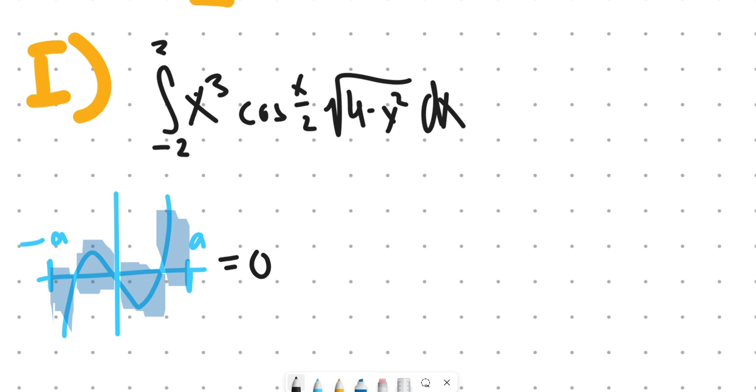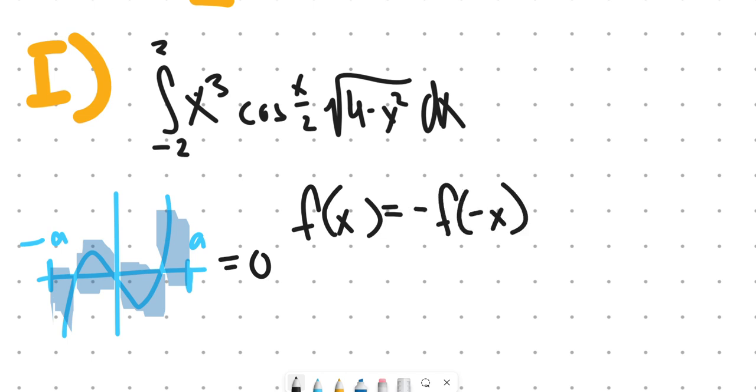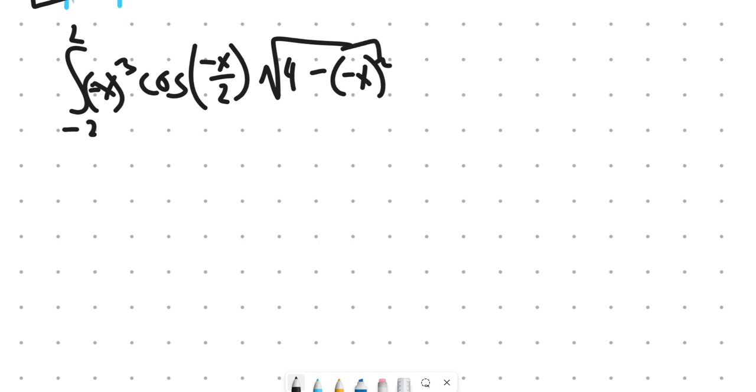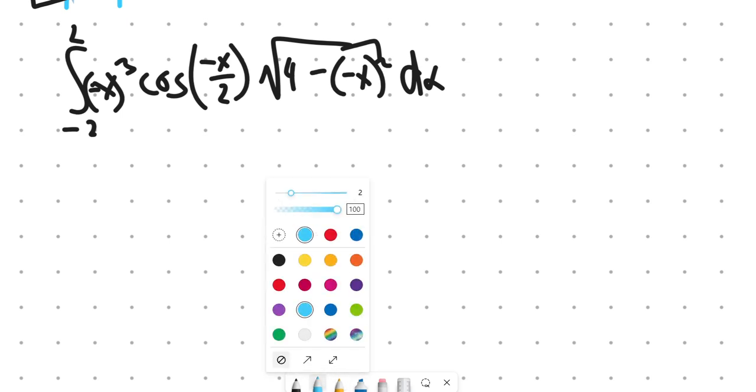Now the property of an odd function states that f of x is equal to the negative of f of -x, because if we plug in negative numbers, it's just flipped upside down, so we put a negative sign on. Since we have -2 to 2, we can plug in negative signs into this integral. We would have cosine of -x over 2, -x to the third power, times 4 minus (-x) squared, dx.